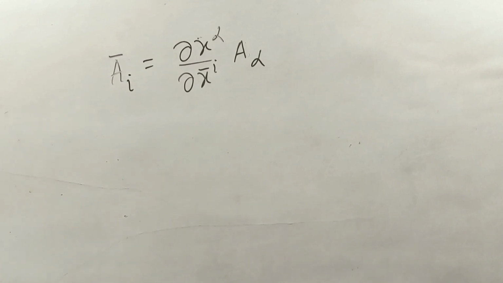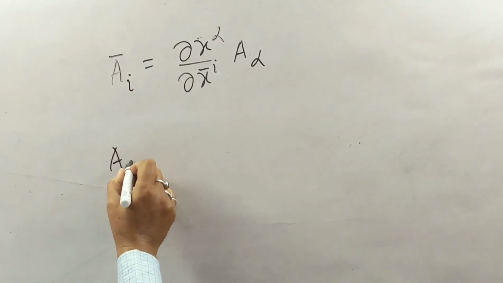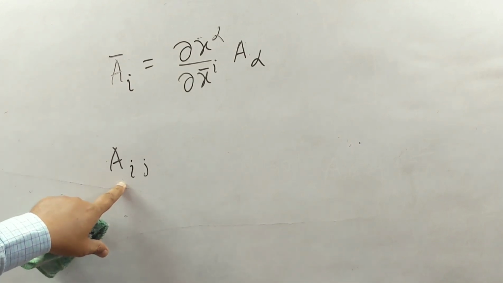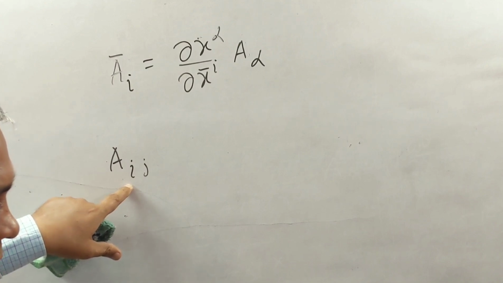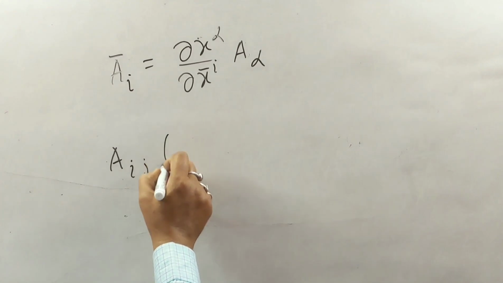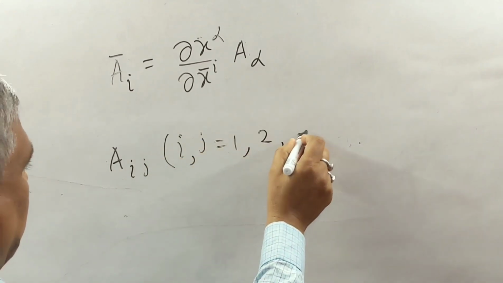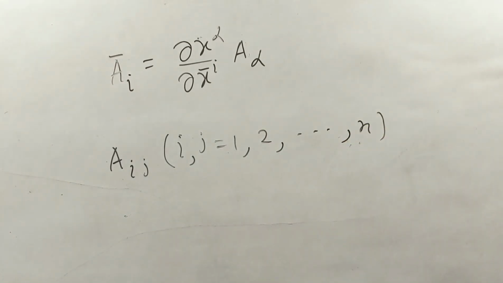Similar to the contravariant tensor of rank 2, we have a_ij, with i and j as subscripts for the covariant tensor, where i, j equal to 1 to n, giving n square number of quantities in x system of coordinates.